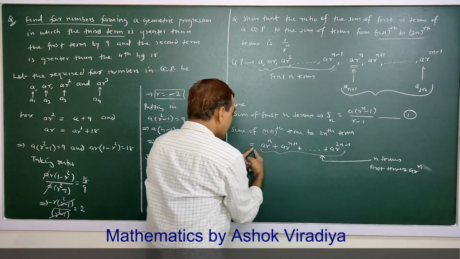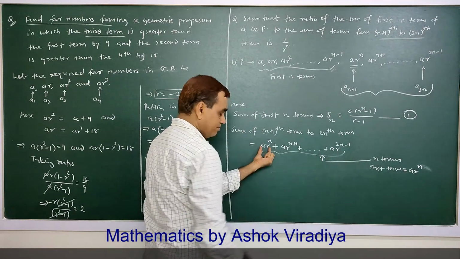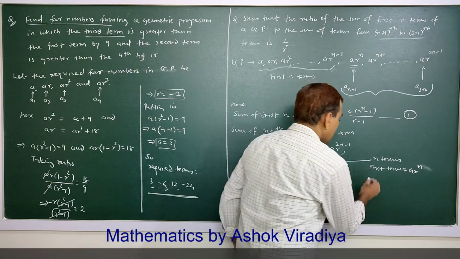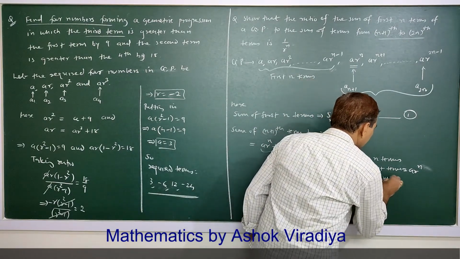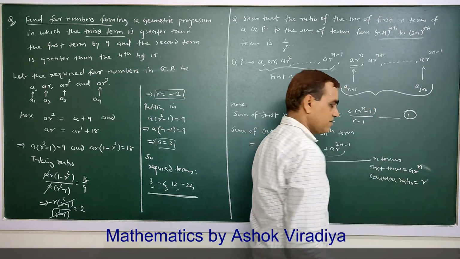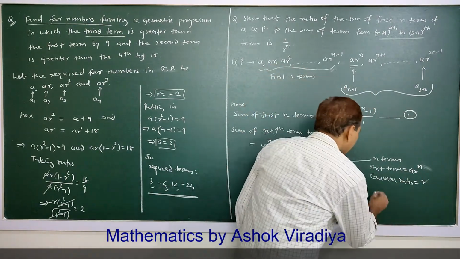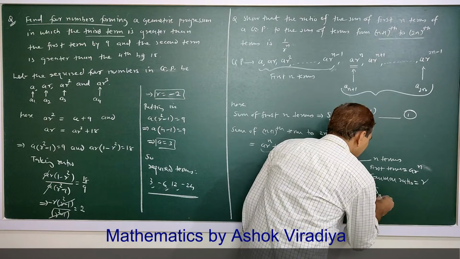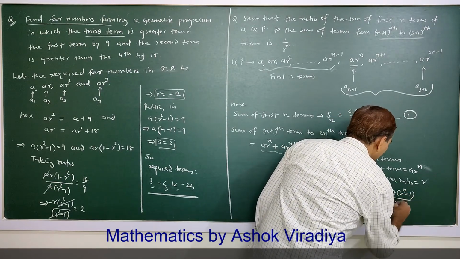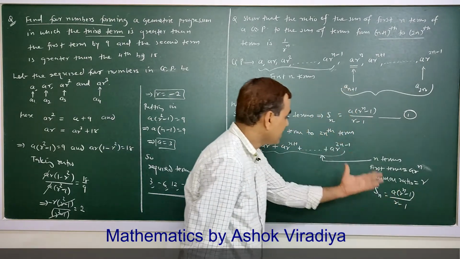So in this series, this is the first term. Common ratio is obviously r. And formula for n terms, basic formula is a into r raised to n minus 1 upon r minus 1. So now we are using this formula.